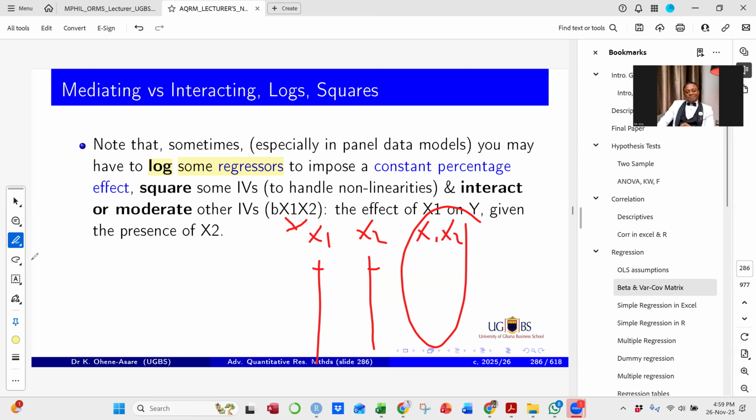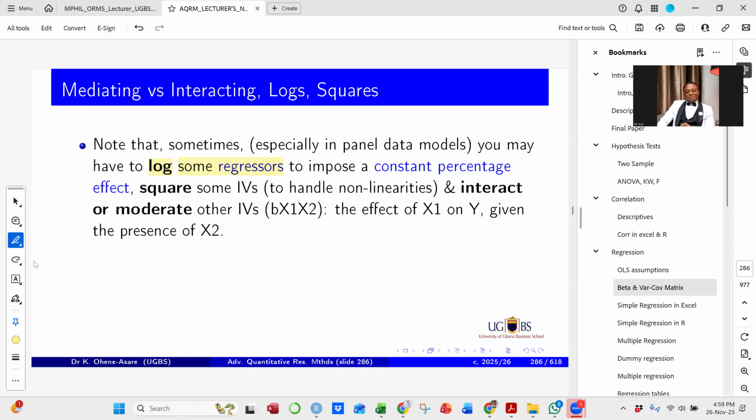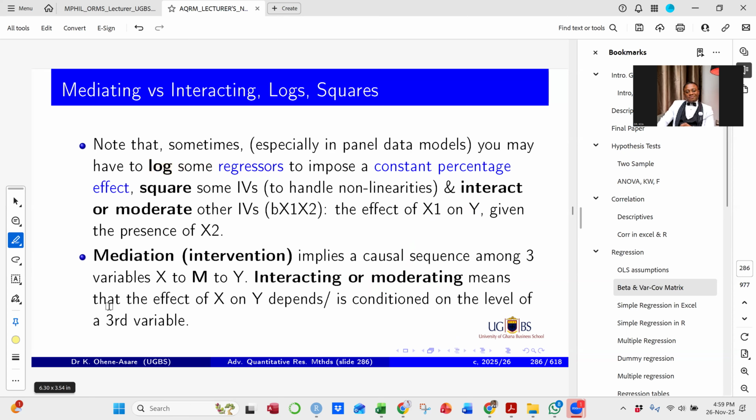And it is important to know the differences in each one of them. There is a difference between mediation and interaction. Mediating variables are causal sequence among three variables, x to m, m to y. So this variable causes that variable before that variable causes the other variable.